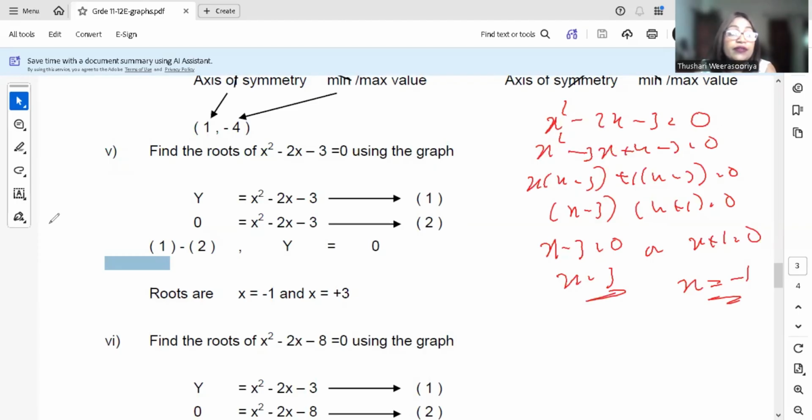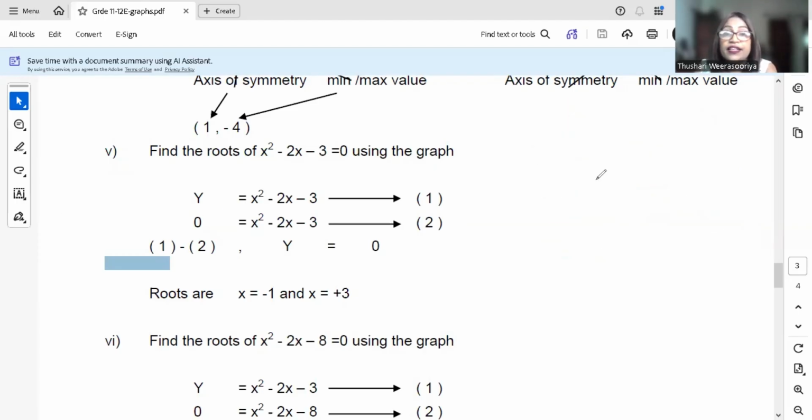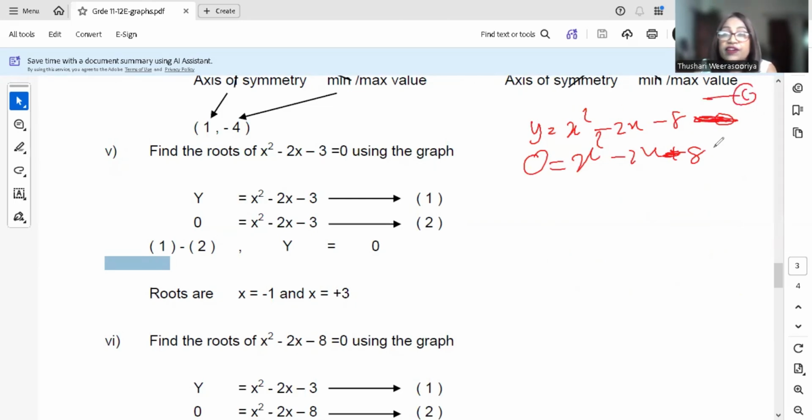We'll see how to find using the graph. The drawn graph is y equals x squared minus 2x minus 3. Then what we want to find the roots of is x squared minus 2x minus 3 equals 0. Now you subtract the first equation and the second equation.